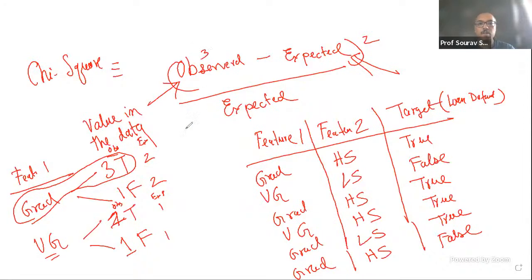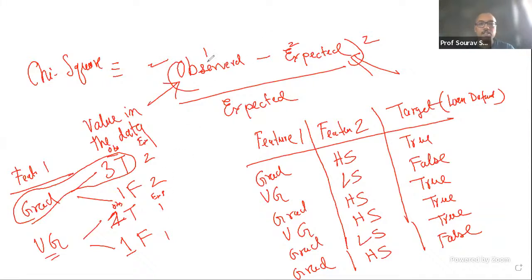Based on this value, I can actually find out the chi-square value, where in the first case my observed is 3, while my expected is 2. In the second case, my observed is 1, while my expected is 2.